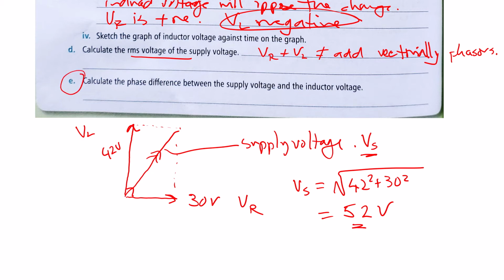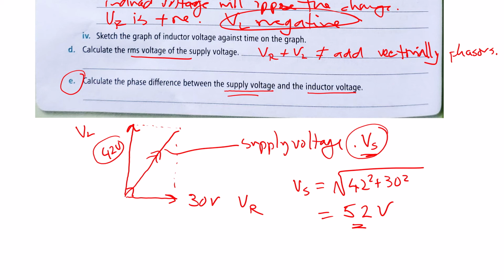Part E, calculate the phase difference between the supply voltage and the induced voltage. So note that where it's supply voltage and induced voltage, it's not the voltage across the resistor, it's between supply voltage and induced voltage.